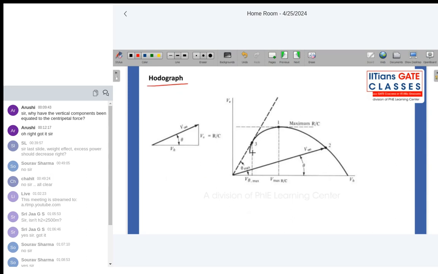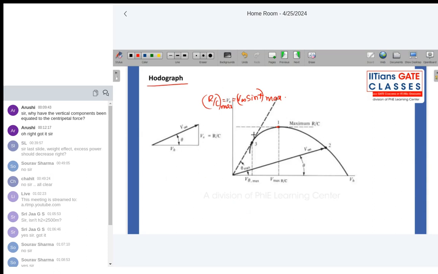If you see, the maximum rate of climb is here because VV, the vertical component of velocity, which is nothing but V infinity sine gamma max, is your rate of climb max. Rate of climb max is nothing but this component should be maximum. So the vertical component of velocity is maximum when the curve is at its peak. But the climb angle will not be maximum at the same point.